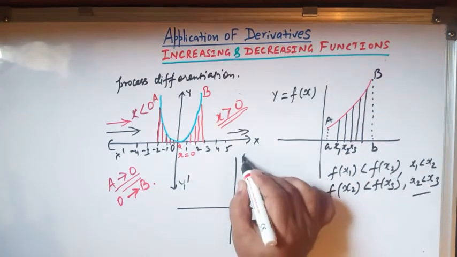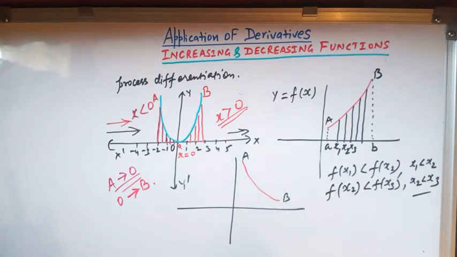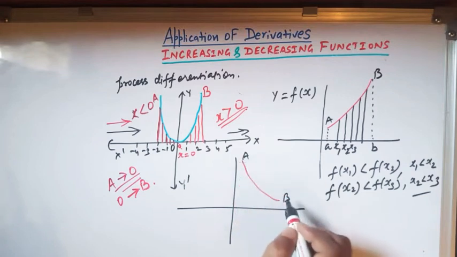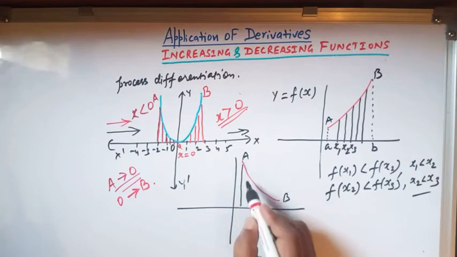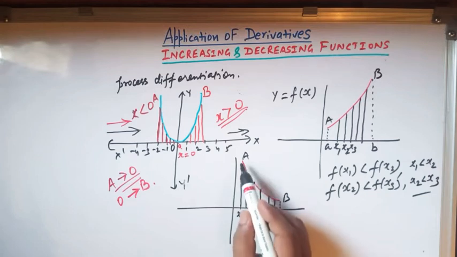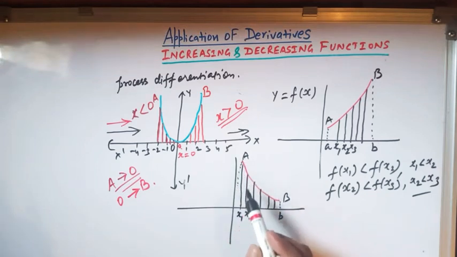Now let us take one more graph like this. Say this is point A and this is point B. As we move from A to B, the height of the graph decreases continuously. Clear? Say this point is x1, this point is x2, this is x3, and so on.